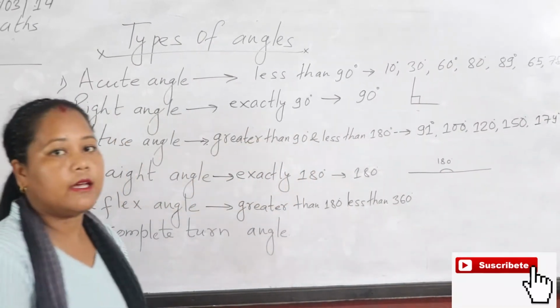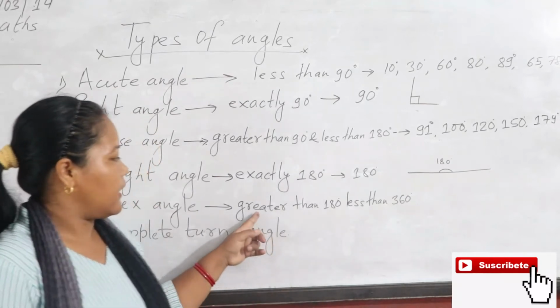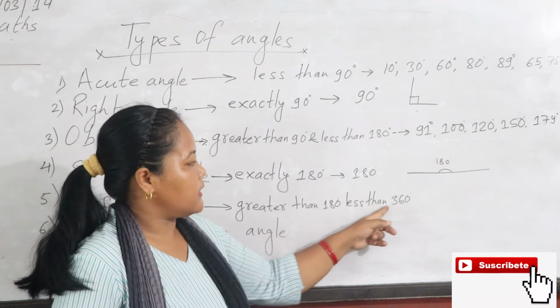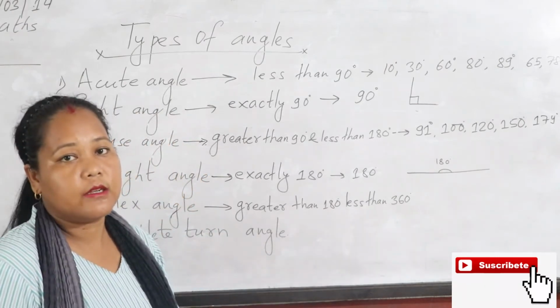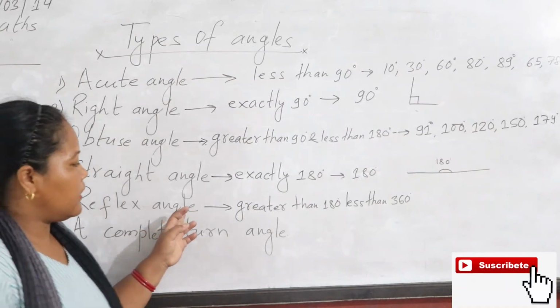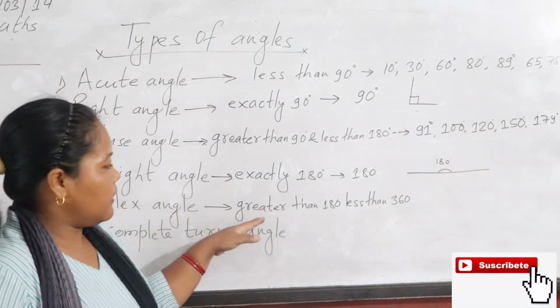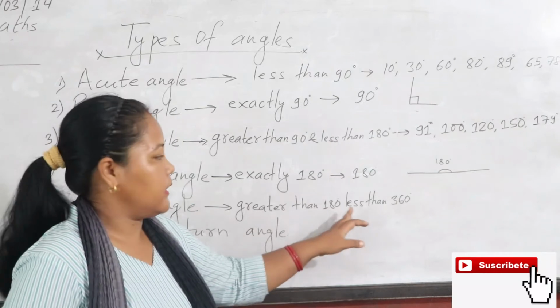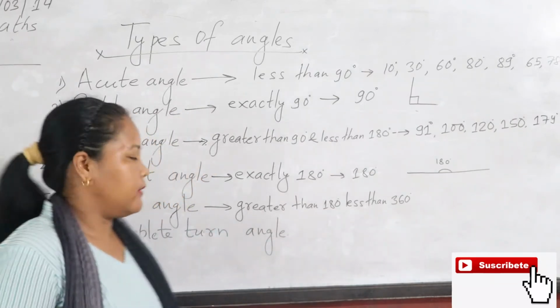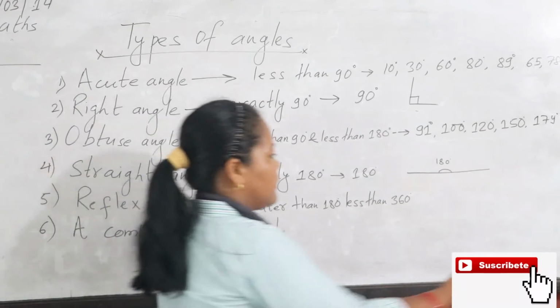The angle whose measurement is greater than 180 degree and less than 360 degree, they are called reflex angle. Okay, look at the figure.